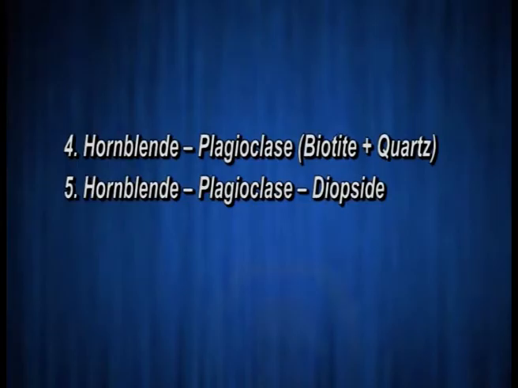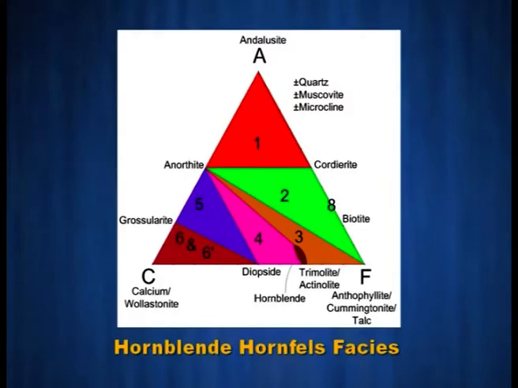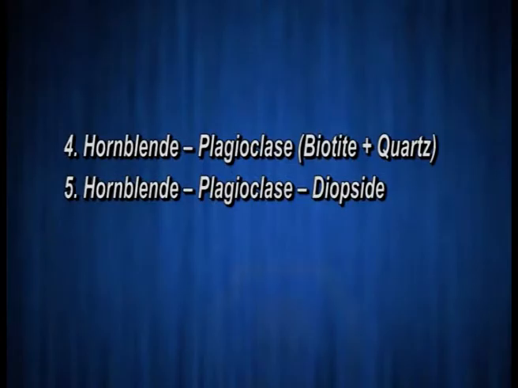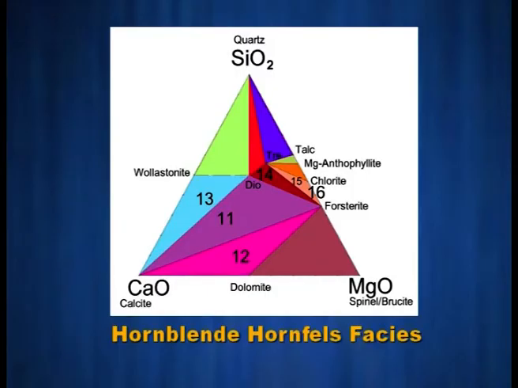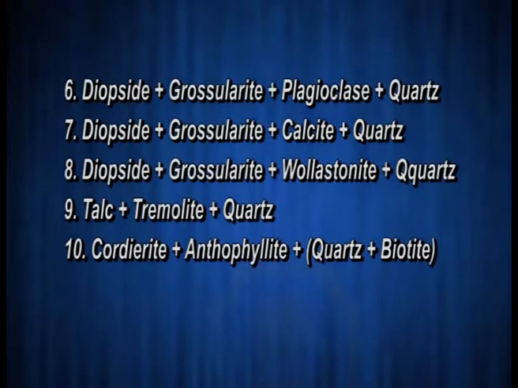Next important assemblage is your basic assemblage, that is hornblende, plagioclase, biotite plus quartz. Number 5 is your hornblende, plagioclase, diopside calcareous assemblages. Diopside, grossularite, plagioclase, quartz; diopside, grossularite plus calcite plus quartz; diopside, grossularite, wollastonite, quartz.